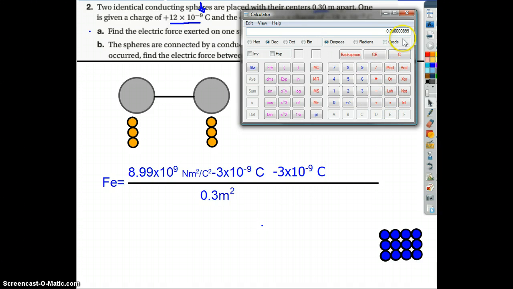And if you can read that, it's probably really small on the screen there. It says a whole mess of zeros and then 899. Well, 899. Check that out.